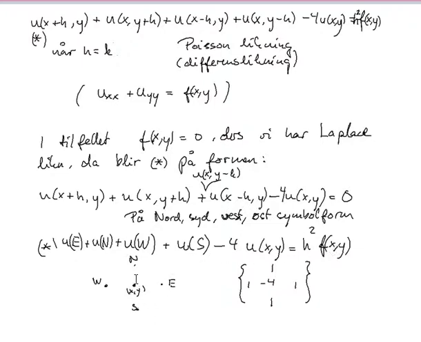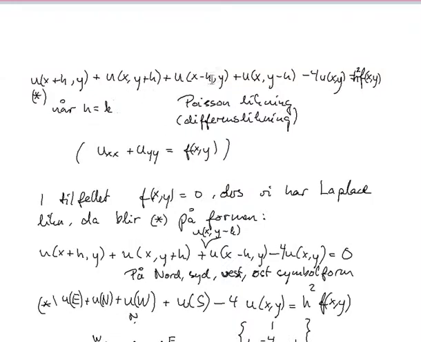So we are in a position x, y, and we have some coordinate on the north, east, west, and south of this coordinate. Let me just add that in this special case, in order to get this equation, I forgot to mention that we have to put h equal to k. Otherwise we get another equation.